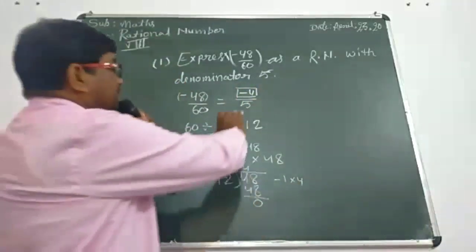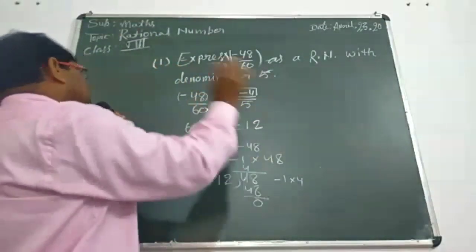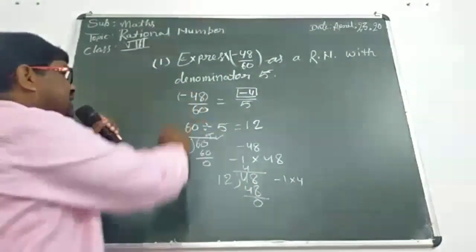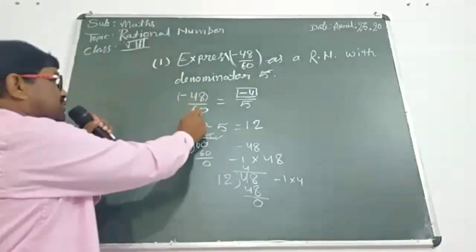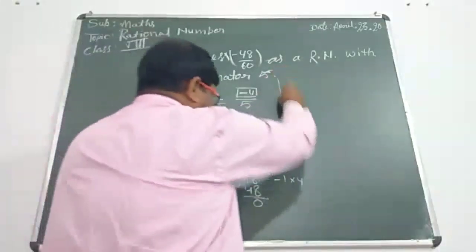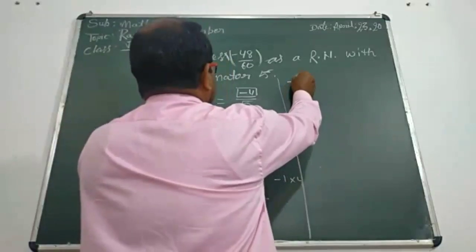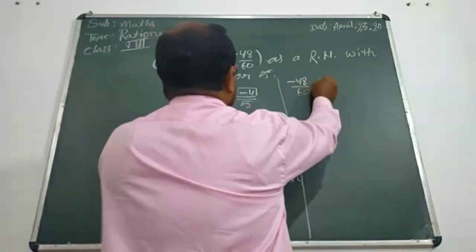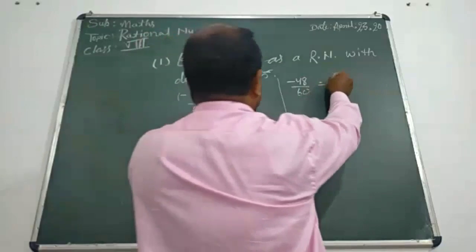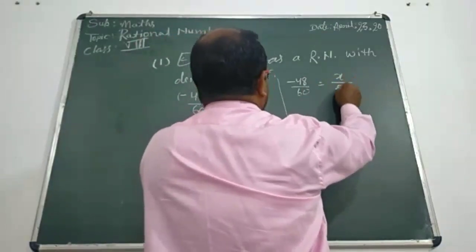Now you have the second rational number, which is the equivalent of the first rational number minus 48 upon 60. Understood? This is the general method. Now a special one, according to algebra: minus 48 upon 60 equals, since you don't know its numerator, suppose it is x upon 5.